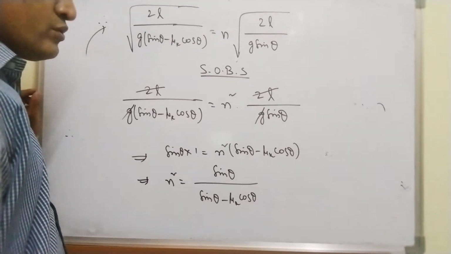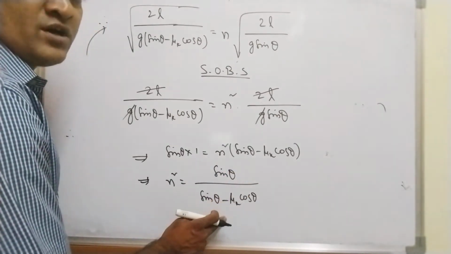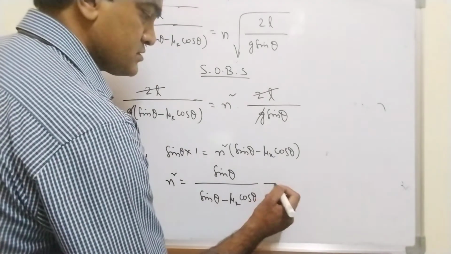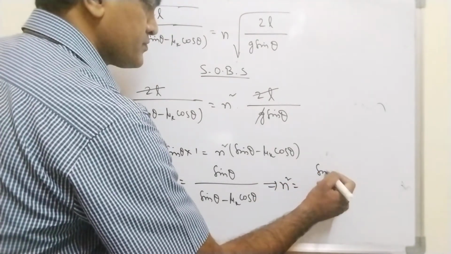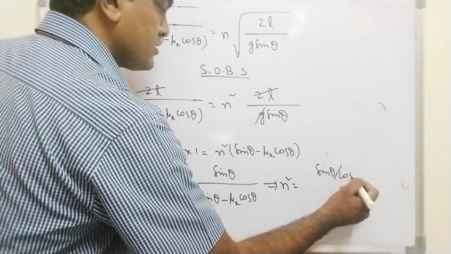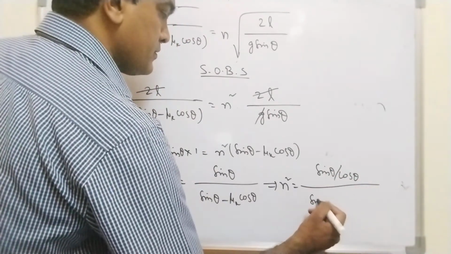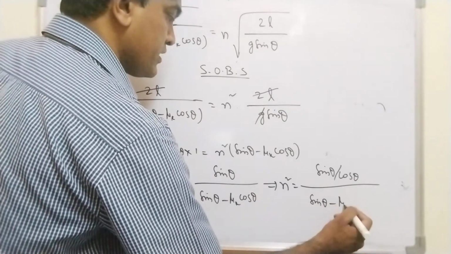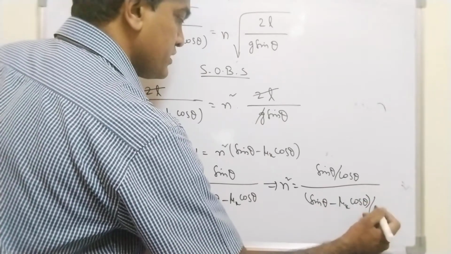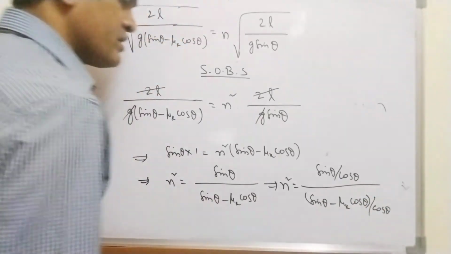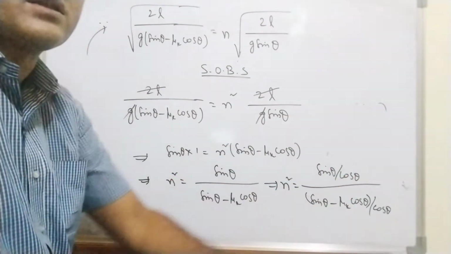Now what I will do is I will divide the numerator as well as denominator with cos theta. That means n square is equal to sin theta by cos theta whole divided by sin theta minus mu k cos theta divided by cos theta. I am dividing numerator as well as denominator with cos theta.